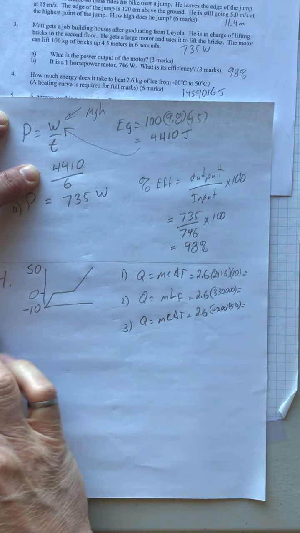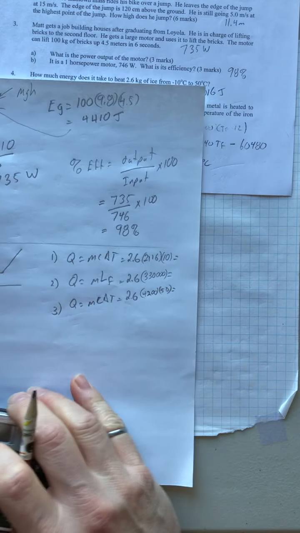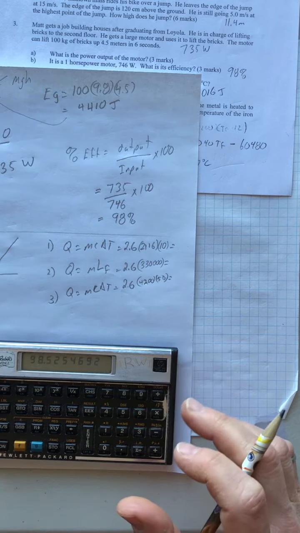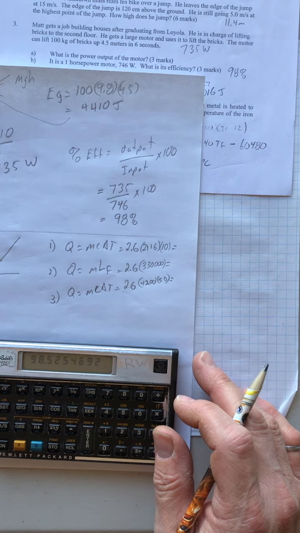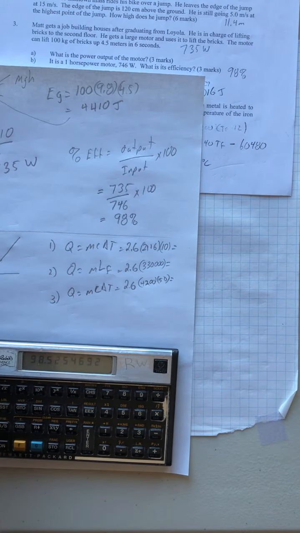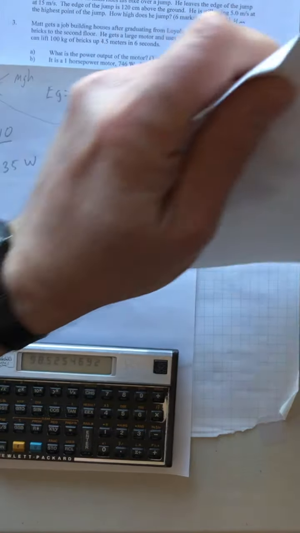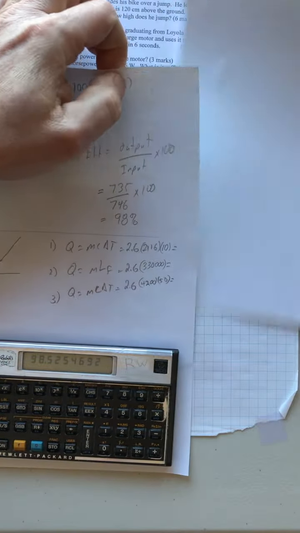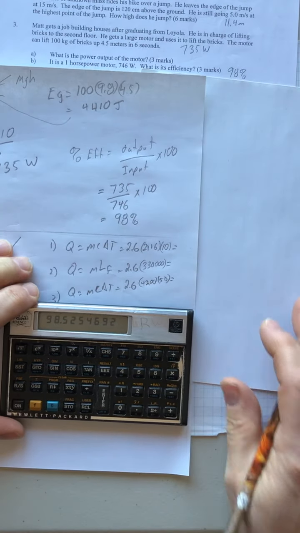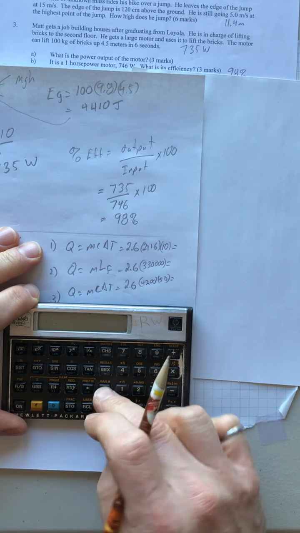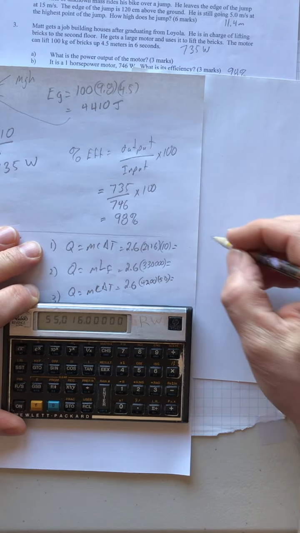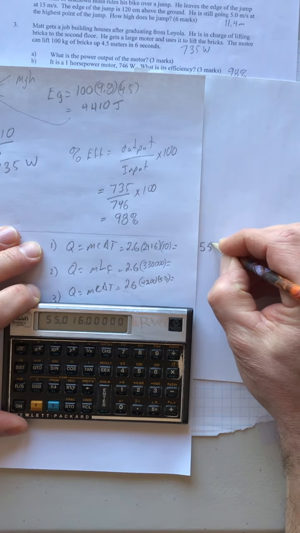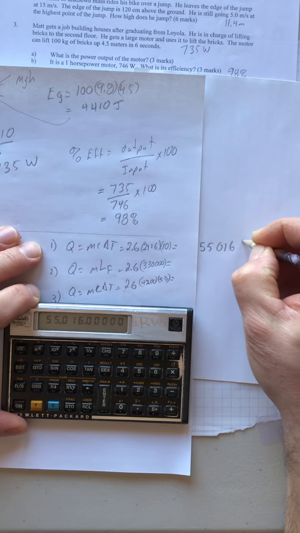Let's see if we can write the answers over here. Slide another piece of paper under there. Okay, let's do the math then. 2.6 times 2,116 times 10 is 55,016 joules.